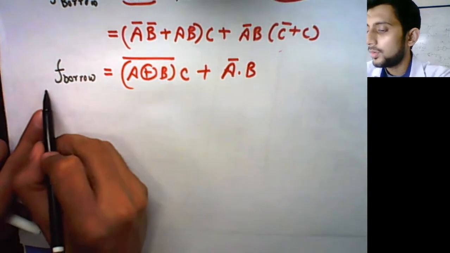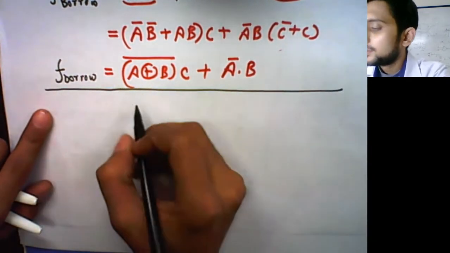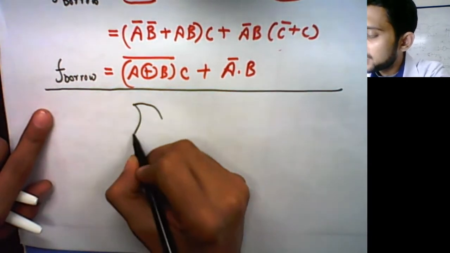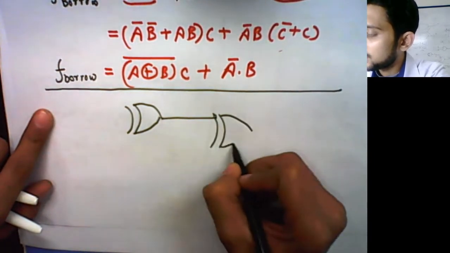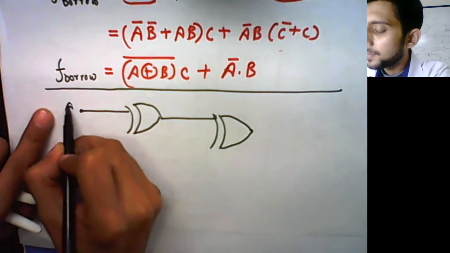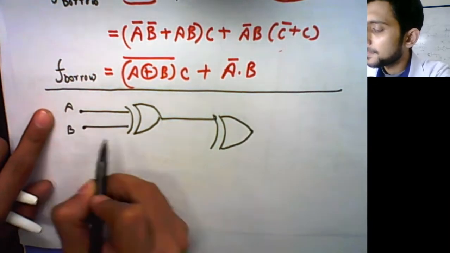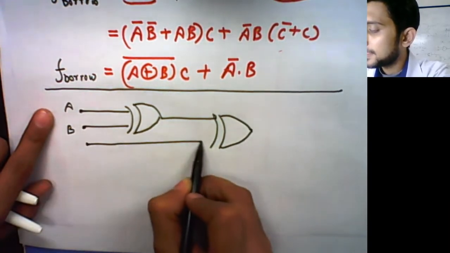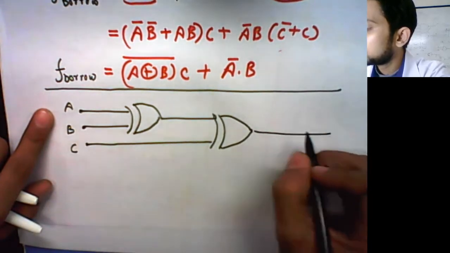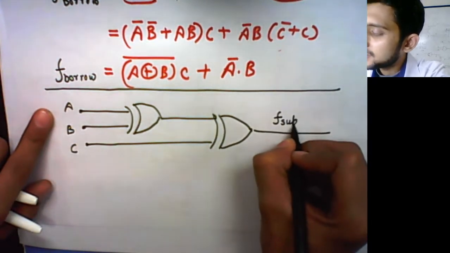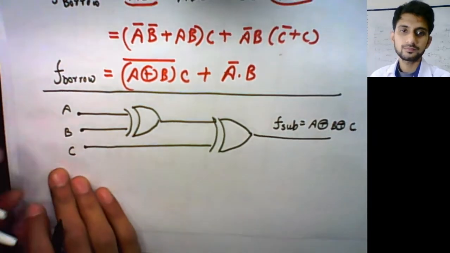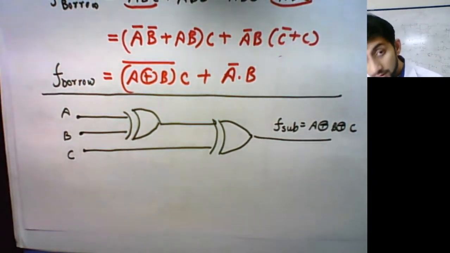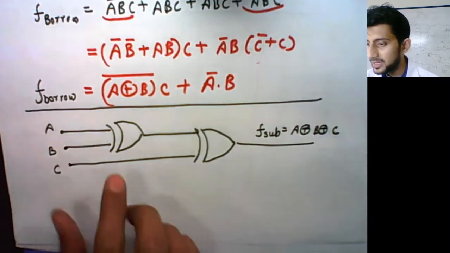Okay. Now if you want to draw the output for f subtract, it is pretty easy. We just want XOR gates. So let's say this is A, this is B, and this is C. Then F subtract is given by A XOR B XOR C. But then we have to make it for F borrow.